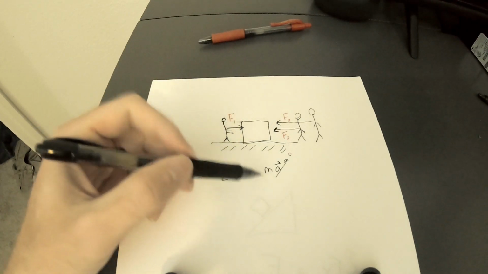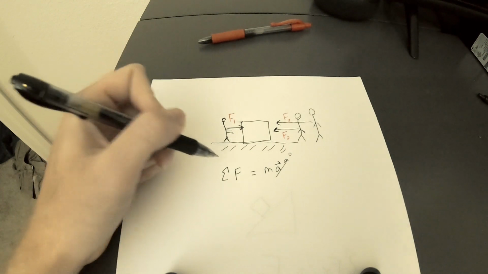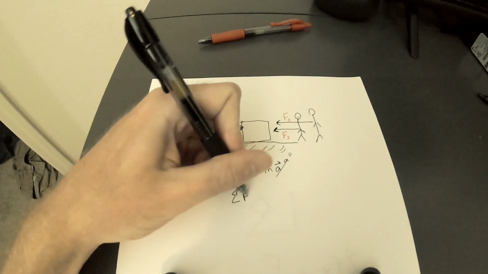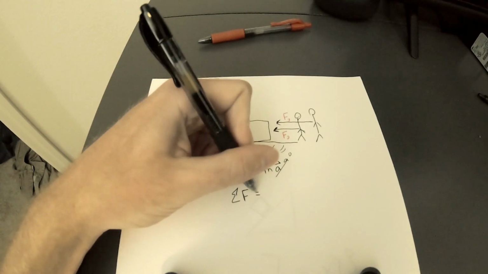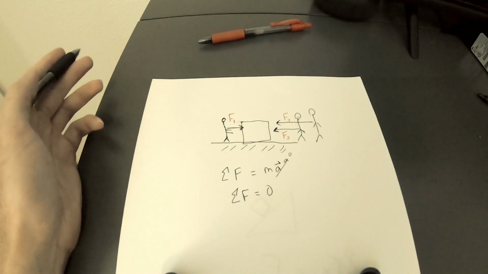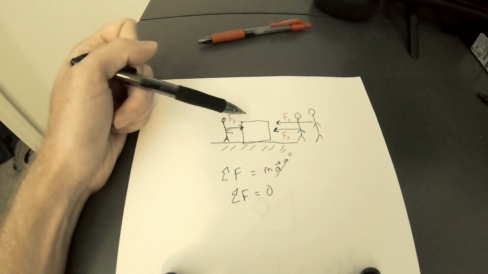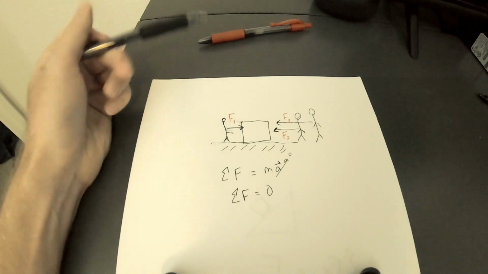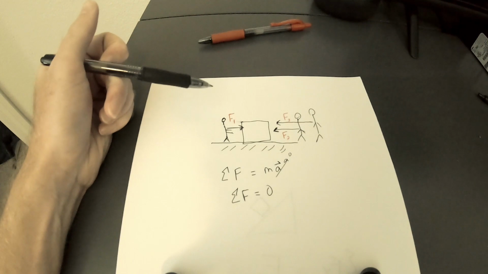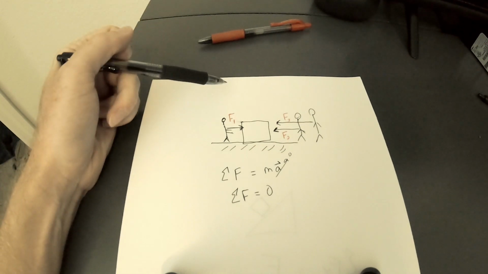Therefore, the right side of the equation goes to 0. So all you have left is the sum of the forces is equal to 0. So basically all you have to do is look at your free body diagram here, which I would always recommend to draw out and label your forces and label everything so that way you can get a clear picture inside your head.